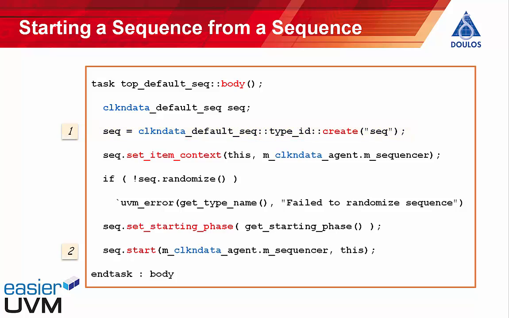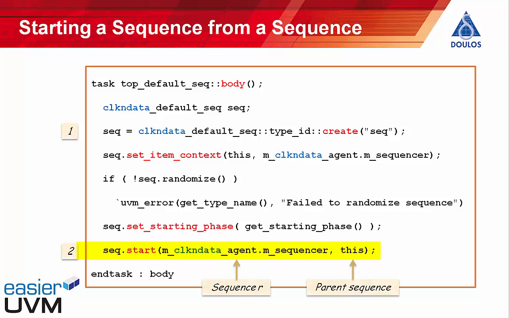And then at minimum, the parent sequence can go ahead and start that child sequence running by calling its start method. So in step 2 at the bottom, we're calling sequence.start and passing a pair of arguments. The first argument is a reference to the sequencer that we're starting the child sequence on. And the second argument is a reference to the parent sequence, which will always be this.